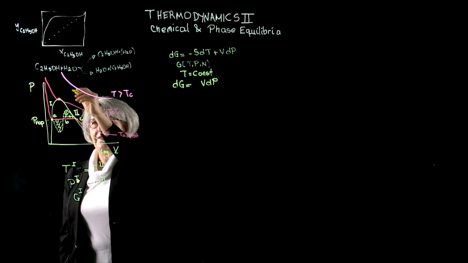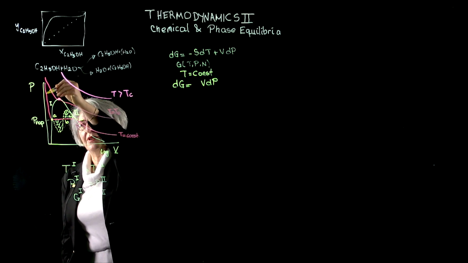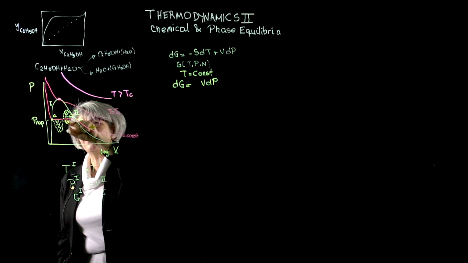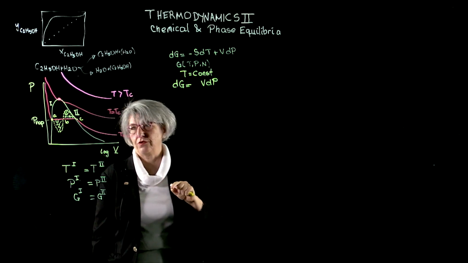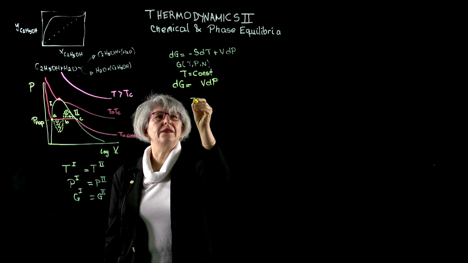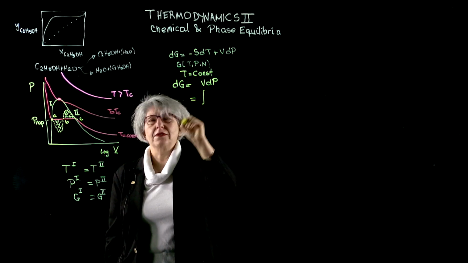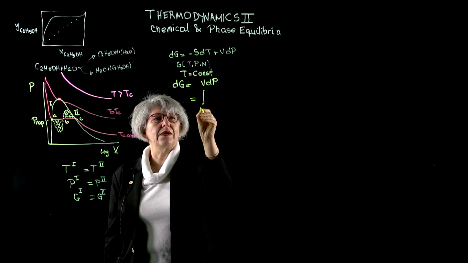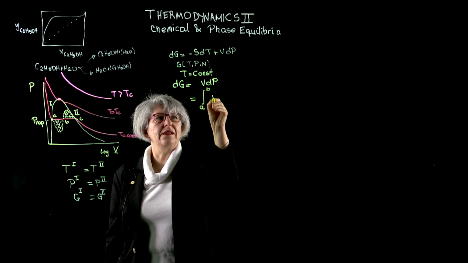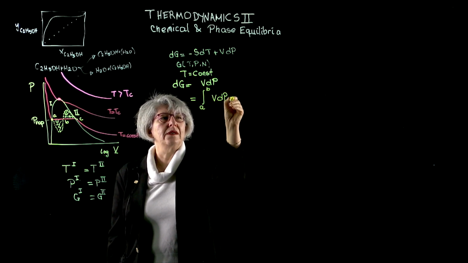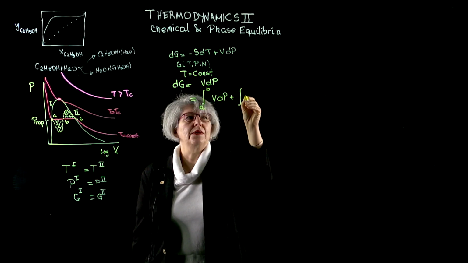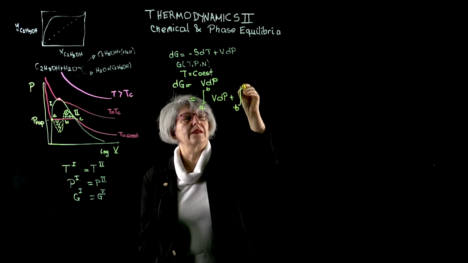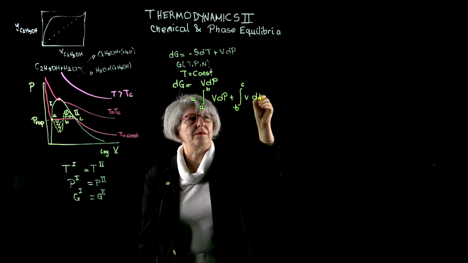So the vapor pressure information that we are going to obtain from an isotherm of a cubic equation of state will be the sum of the integral between point A and B, V dP, and between point B and C, V dP.